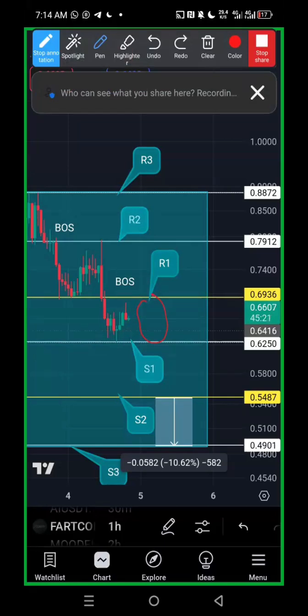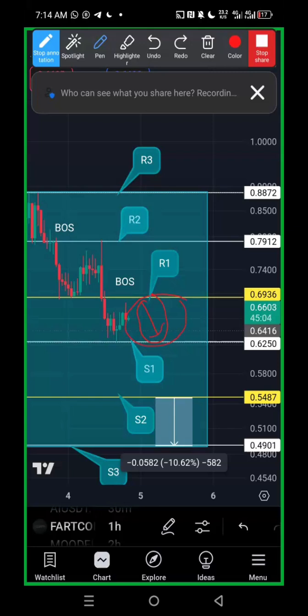So to identify that, you simply go to a lower time frame. If you don't find it there, then what you have drawn here is okay. You can just wait for the market price to drop, or you can decide to enter at the market price.